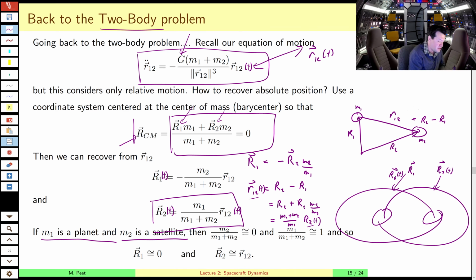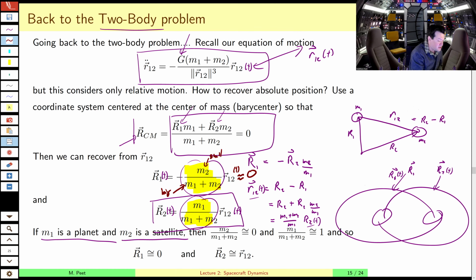So when we look at these coefficients here, if M1 is very big and M2 is very small, then we're dividing something small by something big, and this whole term becomes approximately 0. That is, the planet doesn't move substantially, even though we have this function R12, which may be large, but the motion of the planet caused by the spacecraft is relatively small.